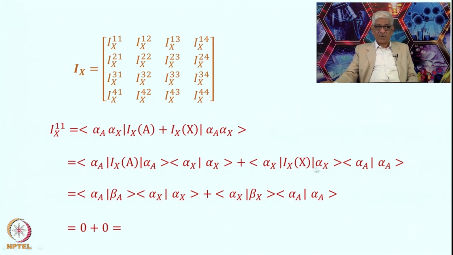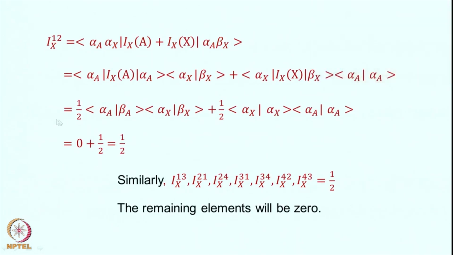So I have alpha x and beta x, and notice these ones are 0, and therefore this will be 0.